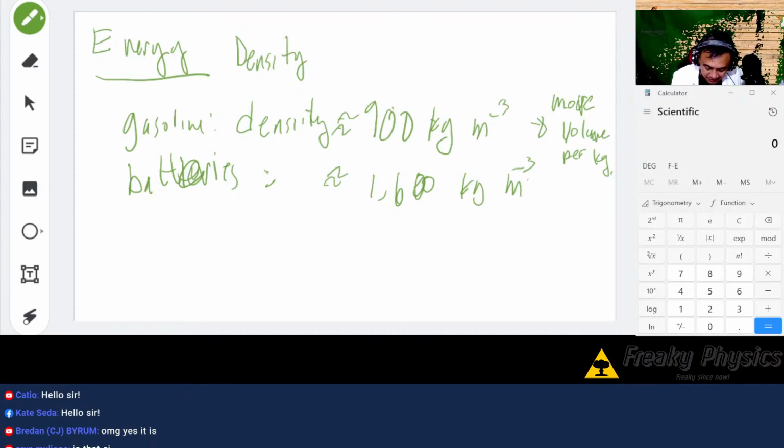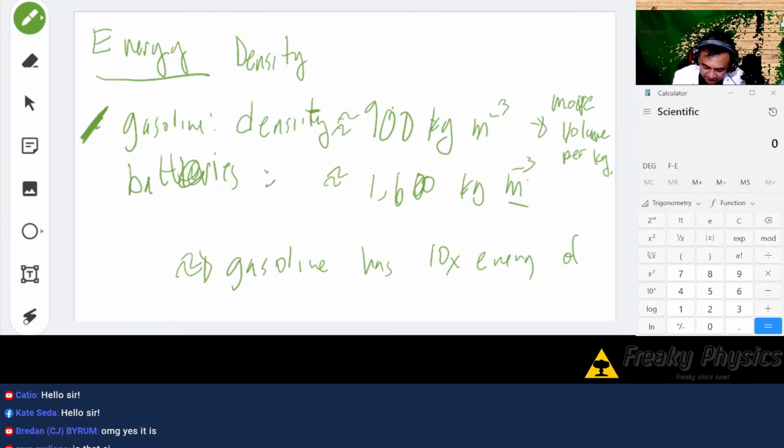So which one would have a higher energy density? Well, we can actually calculate that, but if we assume that they have the same amount of energy, gasoline would still win in energy density because of the 10 times more energy per kilogram. So gasoline has 10 times the specific energy of batteries, right?